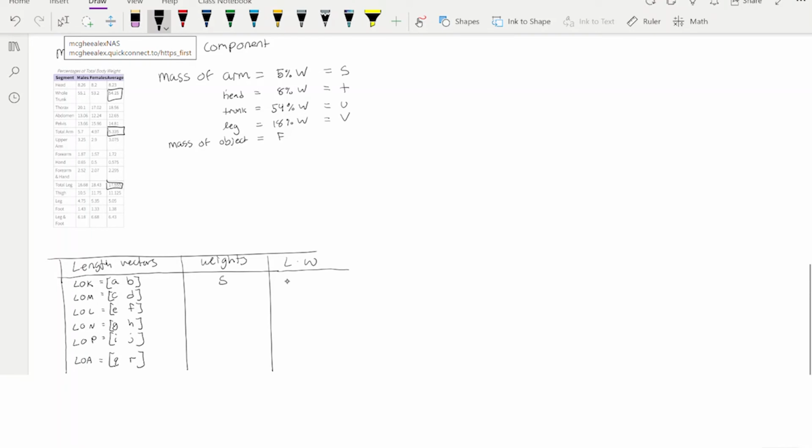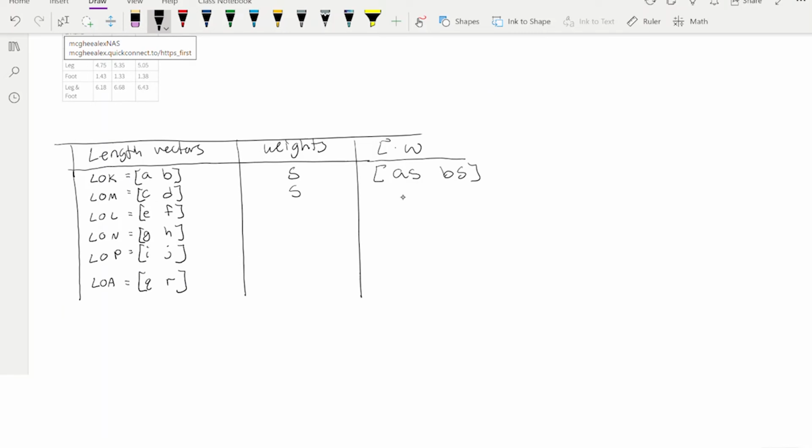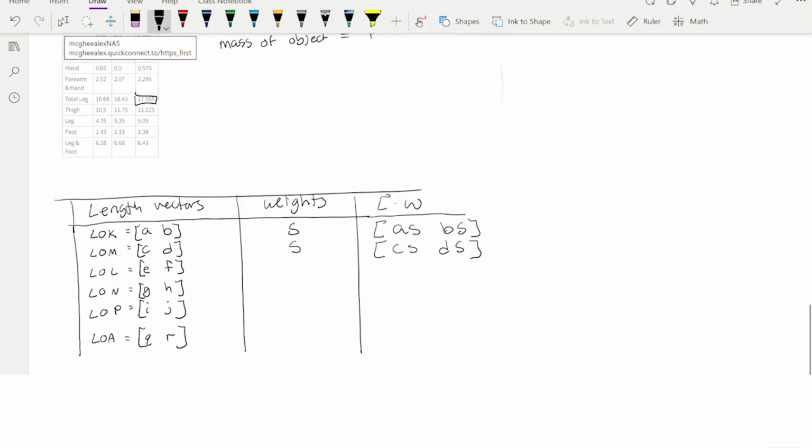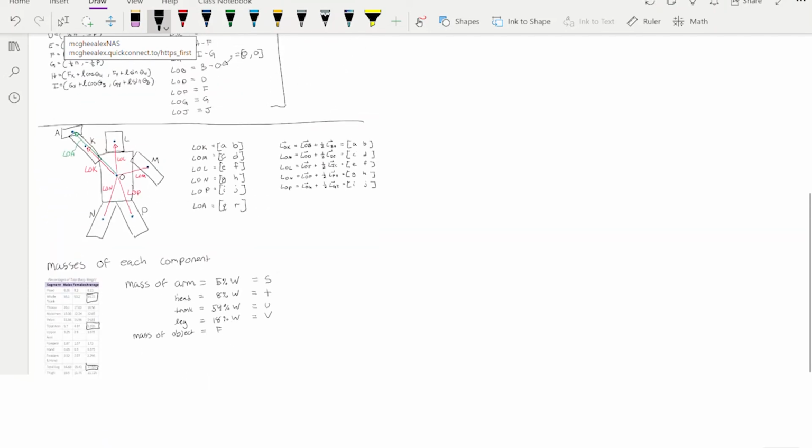AS, BS. LOM. Where does LOM go? That's the other arm, so it needs S again. That's CS, DS. LOL goes to the head. Head is T. So it's ET, FT.